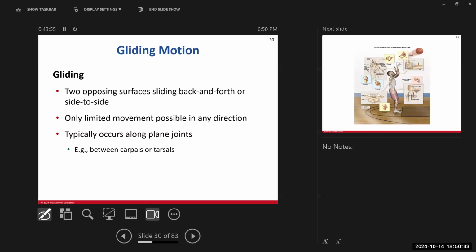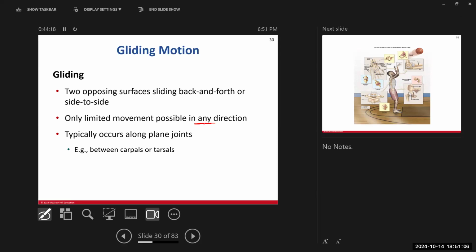It can move side to side, up and down, but it's going to move in a pattern, back and forth in one direction. The only problem is it's limited, so we won't see a lot.